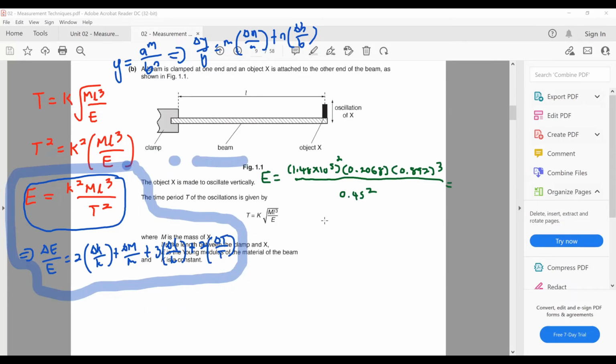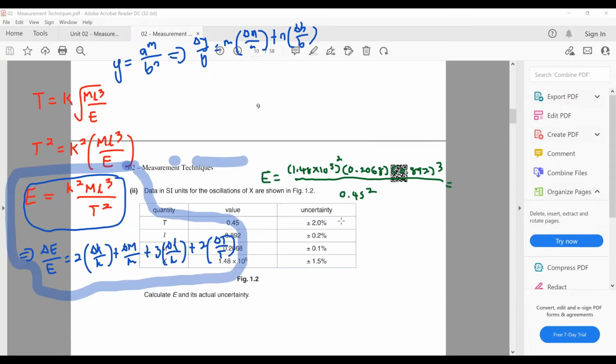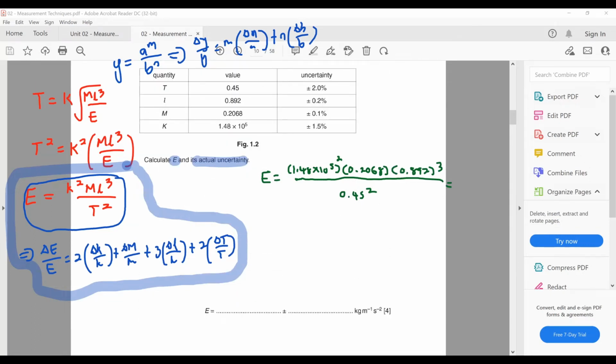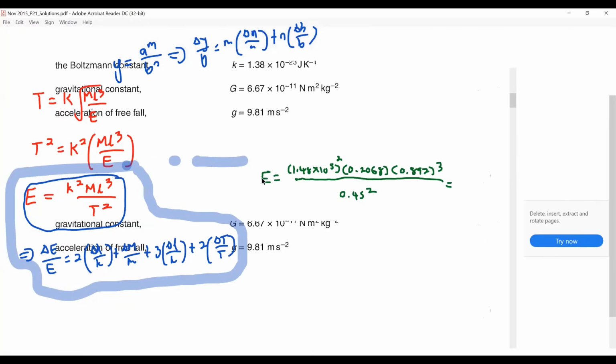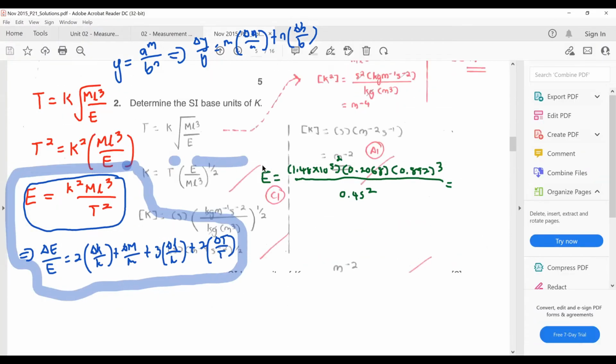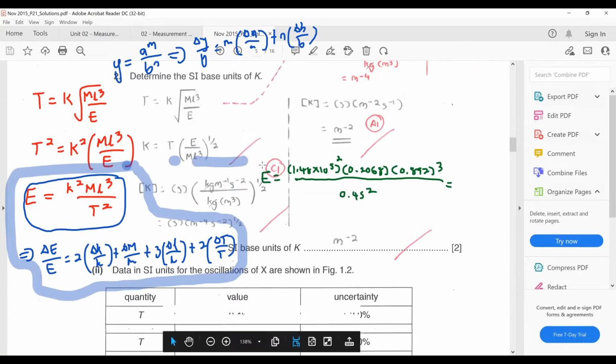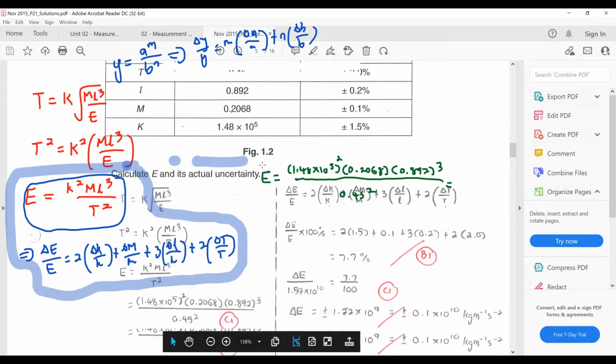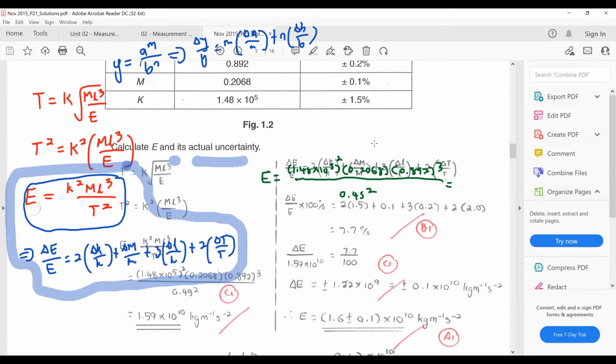Let me open up the partial for this. November 15 P21. Okay, so you should get the answer for this as 1.59 times 10 power 10.